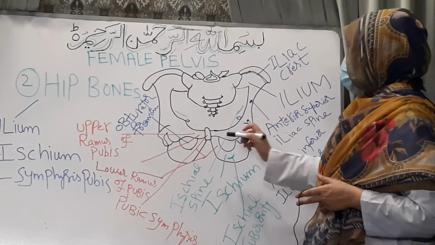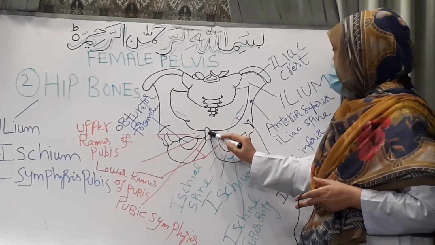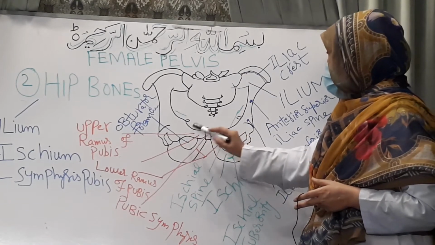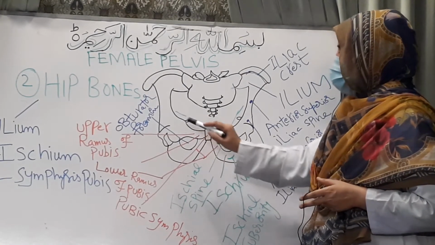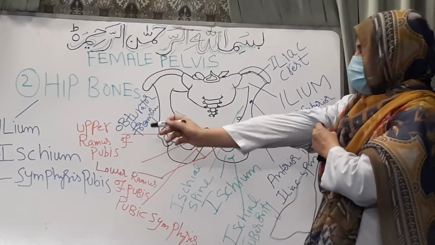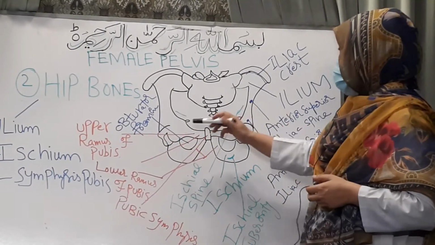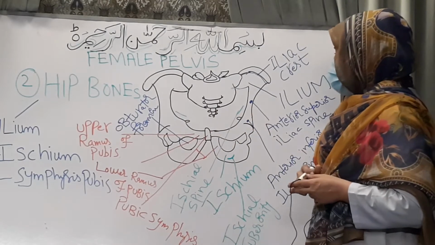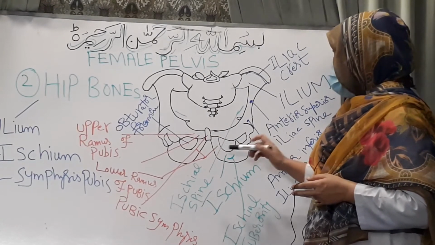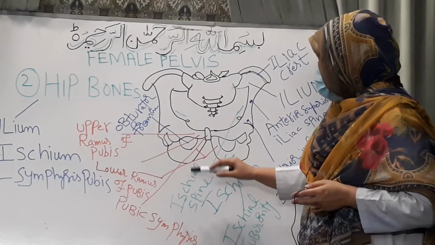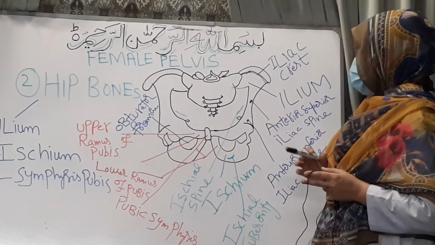It is formed by the symphysis pubis, and the upper and lower rami of the pubis and ischium bones. Clear?